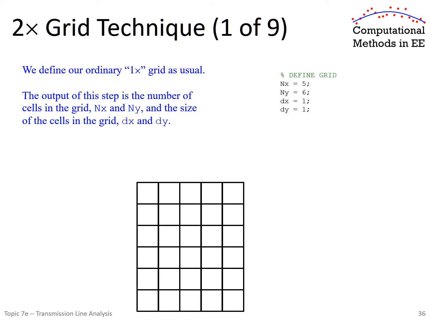Since there's a 2x grid involved, we'll call our ordinary grid, or really the only grid that actually exists, our 1x grid. In this case, I did a very small one, 5 cells wide, 6 cells tall, and we made the grid spacing in both the x and y directions 1. So that's the first part of our MATLAB code. That defines everything we need to know about our grid.